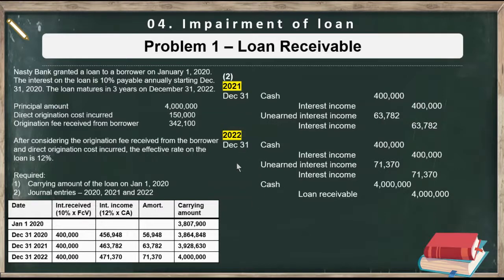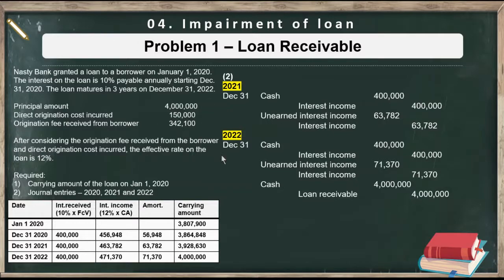On December 31, 2022, after the payment of the loan by the borrower, or after the collection of the loan, what is the balance of the loan receivable? Apparently, everything was paid, so we have no loan receivable left after the payment. Okay? So, that's for the loan receivable.